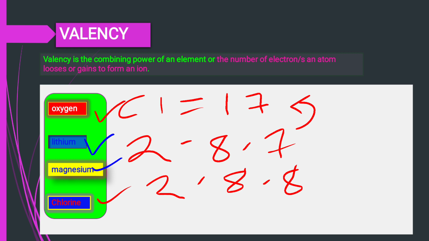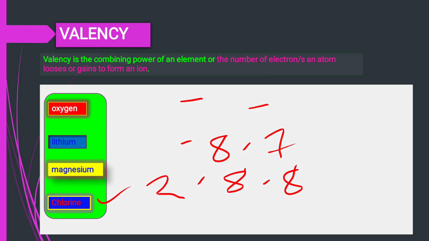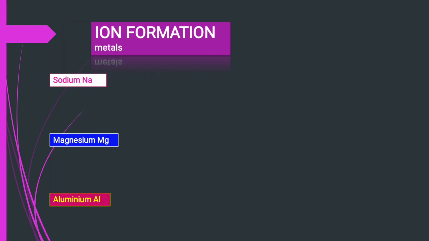Let us look at our next slide. Ion formation for metals now. Sodium. The atomic structure of sodium is as follows. Sodium with the first energy level having 2 electrons.